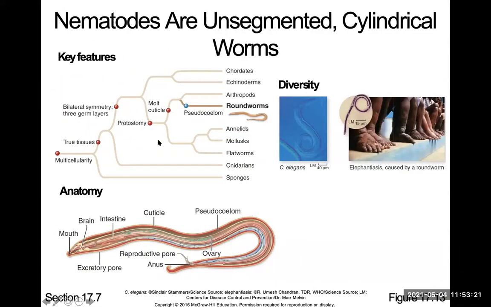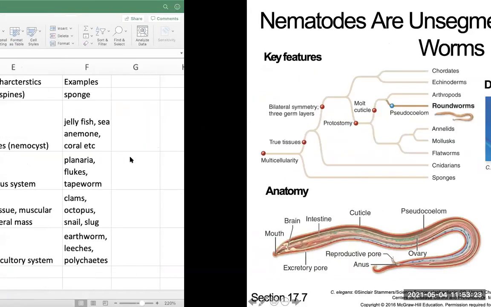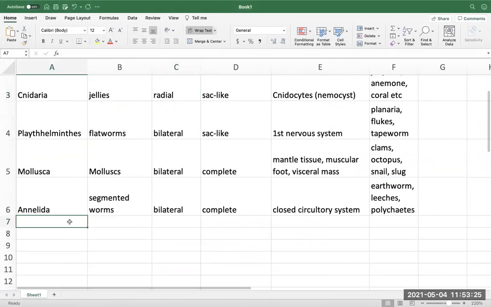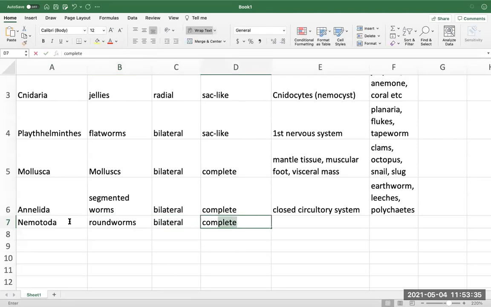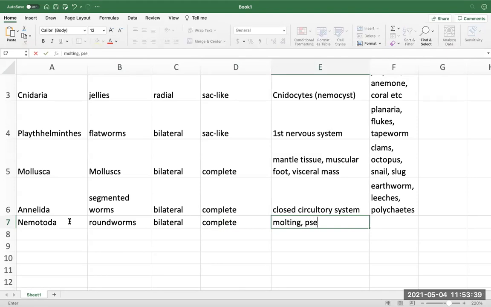So that's Nematoda. No mesoderm, so we have a pseudocoelom. Roundworms is the common name. Bilateral, complete, molting, and pseudocoelom.